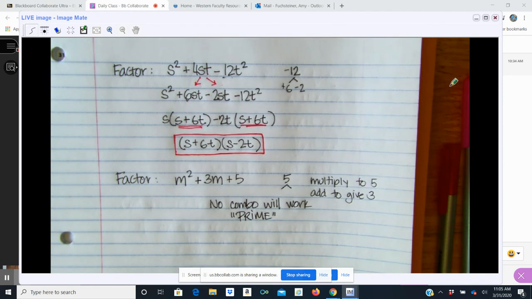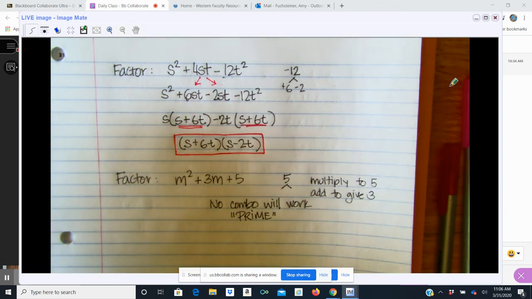Okay. Now, I don't know that you're going to get a lot of these right off the bat, but you will get some. There are some in your homework. So watch out for them. But essentially, you can't factor everything. Not everything is factorable.